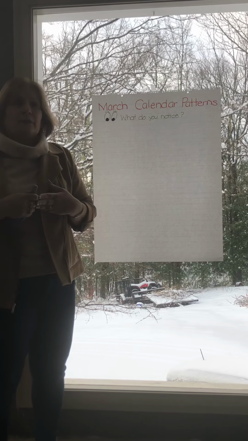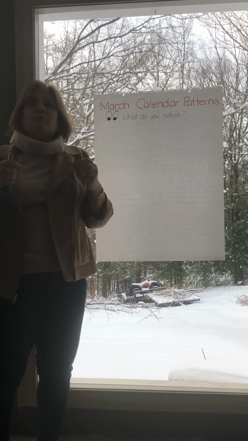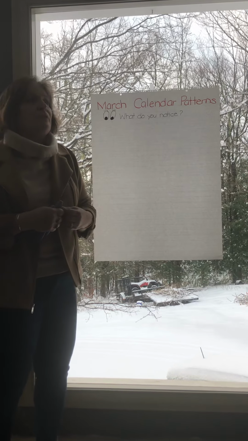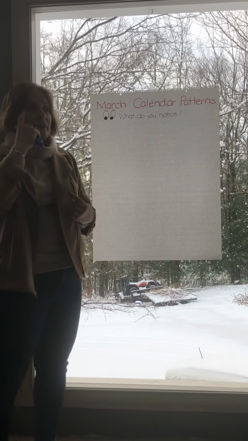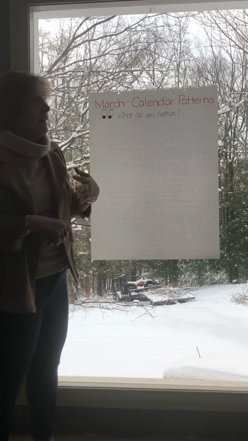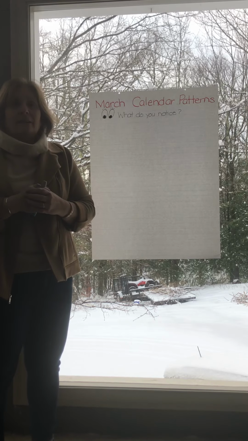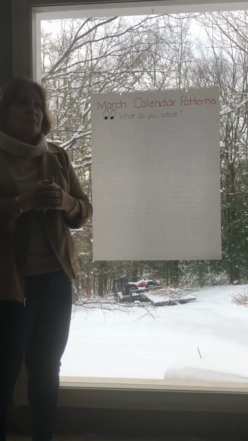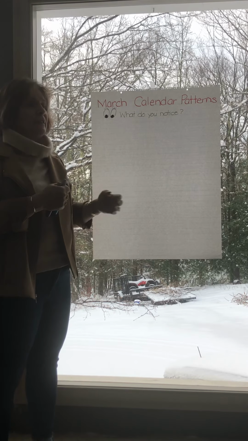And what I want you to do is on that calendar pattern paper, write down as many patterns as you see. We know there's color patterns. We know there's patterns in the decimals. There's a couple other patterns that I'm wondering if you'll see. So please take some time to do that, and we'll come back, we'll fill this in.